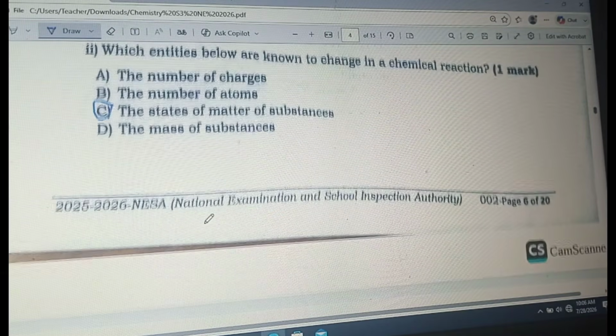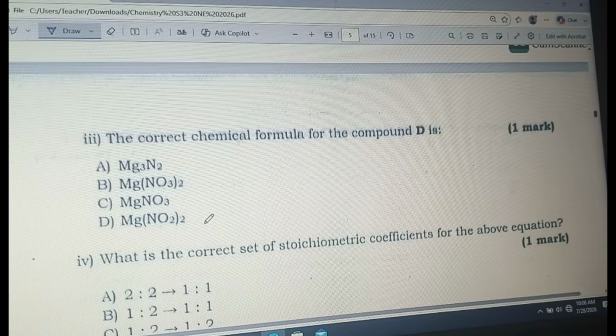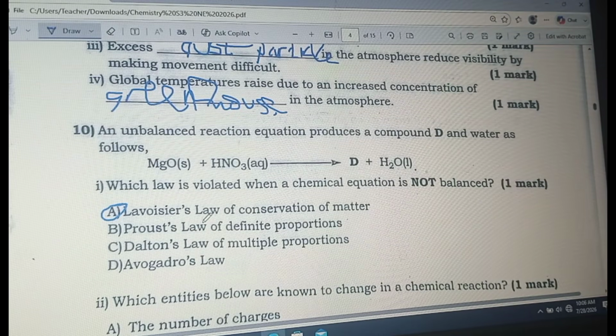Compound D. Magnesium oxide and hydrogen nitrate. This is a double displacement reaction, which means the ions replace each other. Magnesium is matched with nitrate and H is matched with O to produce water, so D is magnesium nitrate.